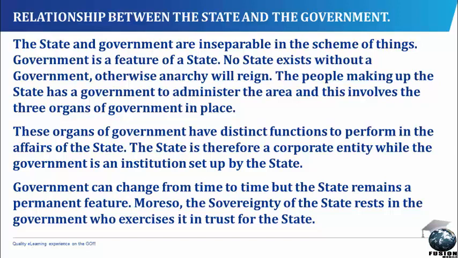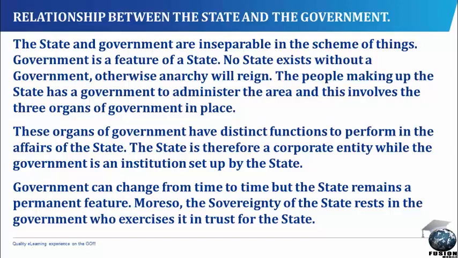Otherwise, anarchy will reign. The people making up the state have a government to administer the area, and this involves the three organs of government: the executive, the legislature, and the judiciary must be put in place to enable a government administer its area, because the legislature makes the law, which the executive enforces, which the judiciary interprets and makes known to the people.